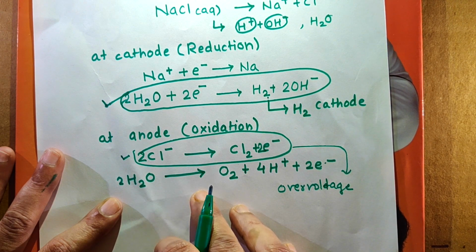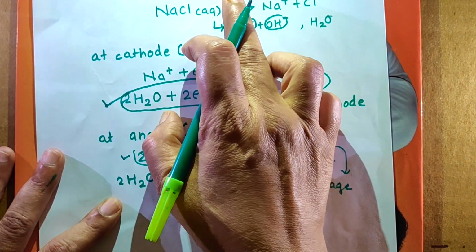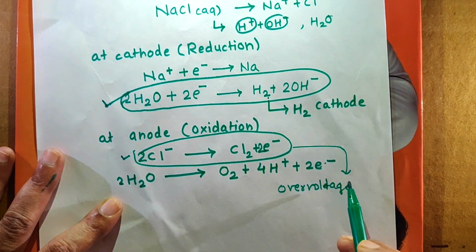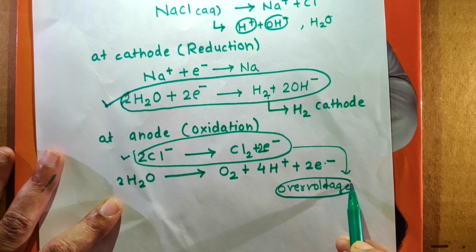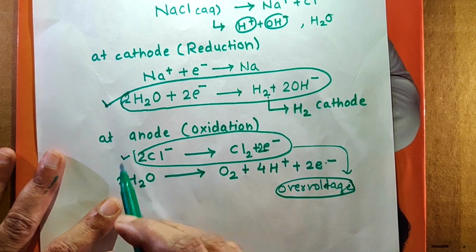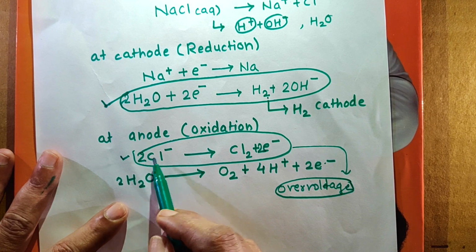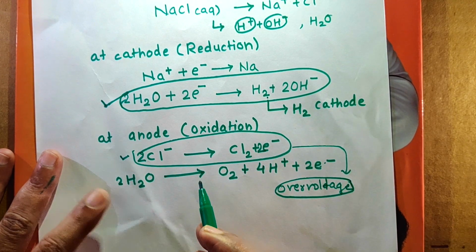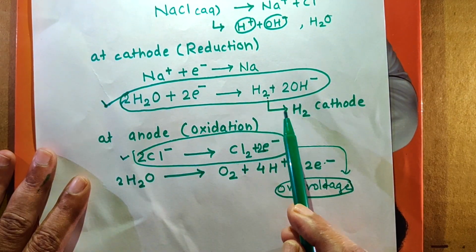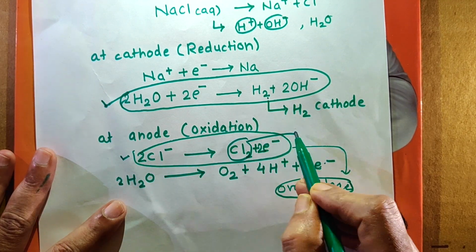The cell potential which is calculated is less than the practical potential required for the electrolysis of aqueous NaCl, and that is called overvoltage, or overpotential. You have to remember simply that the reaction which takes place at anode is the oxidation of Cl- ions to give Cl2 gas. So at cathode in aqueous NaCl you obtain hydrogen gas, and at anode you obtain Cl2 gas.